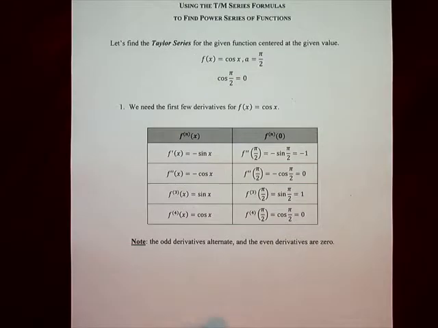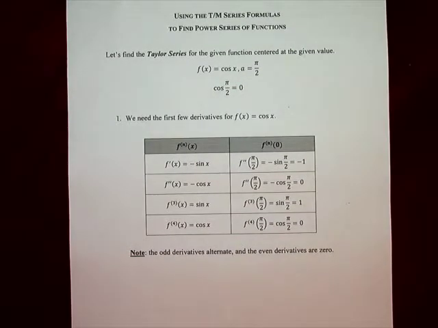We're being asked in this particular problem to find the Taylor series for the given function centered at the given value. Now, we have f of x is equal to cosine x, and a is equal to pi over 2. This is not going to be much more difficult than finding the Maclaurin series, because at pi over 2 you still have those terms that are canceling out, and you're going to wind up with a power series that has only even or only odd powers.